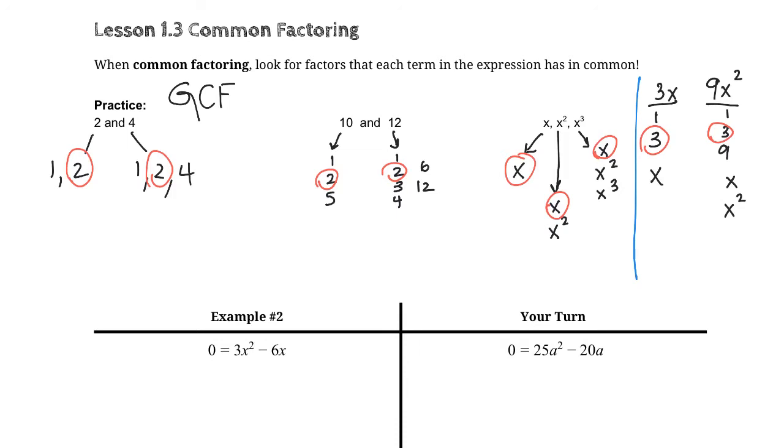And if I compare the variables, I can see that x is also a common factor. So we need to put them together and state them together. So our greatest common factor here would actually be 3x. So not only do they have the 3 in common, but they also have x in common.